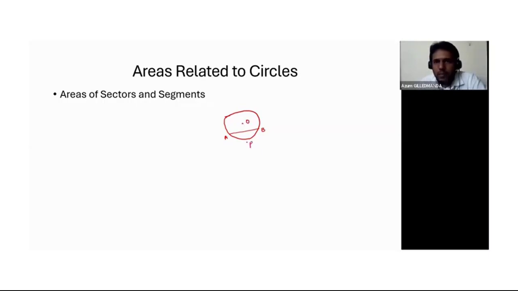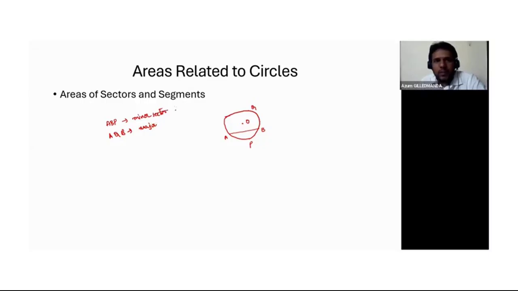Let's say here a point P and here a point Q. Now I would say ABP is the minor segment, right? This bottom portion, ABP, is the minor segment, and similarly AQB is the major segment.